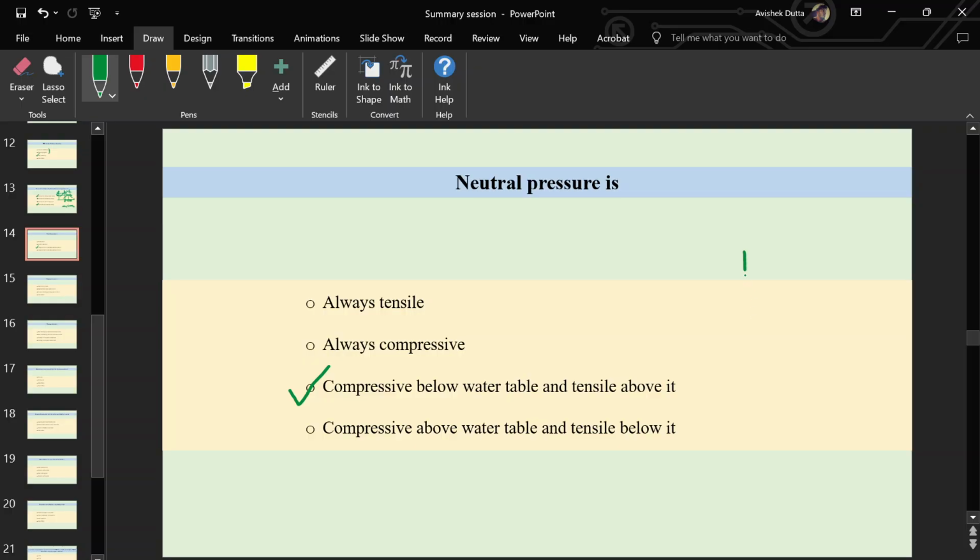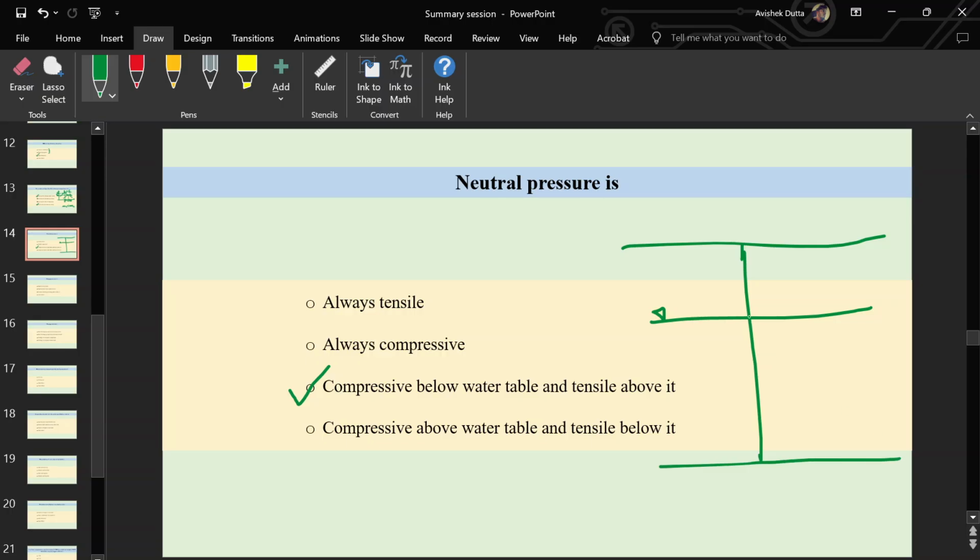Okay, let's check how it occurs. This is the ground level, and this is the water table. Below this the neutral pressure is positive, compressive. Above this there is suction force, that is capillary suction.